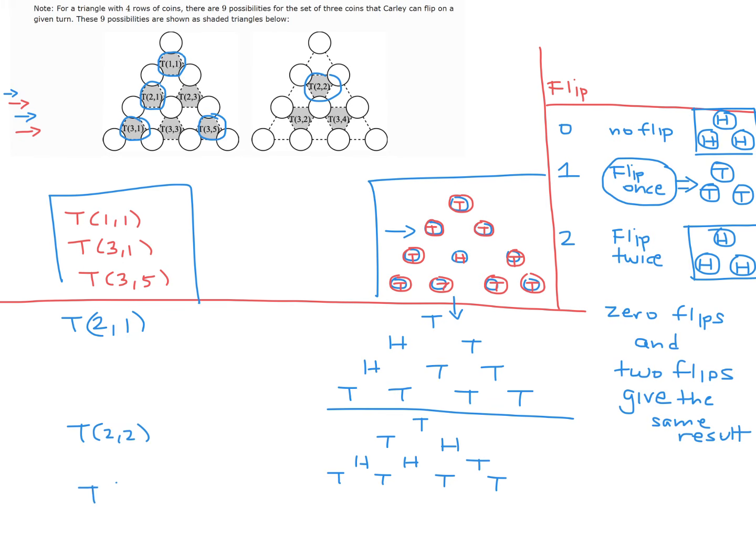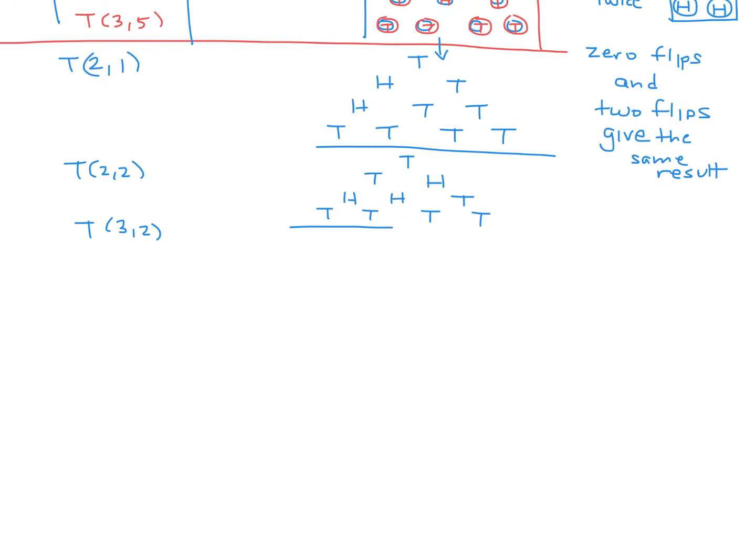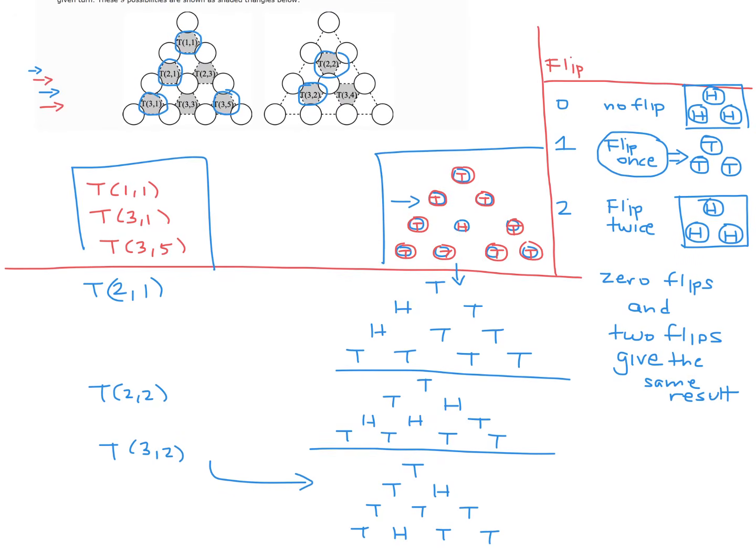Let's try T32, which is this guy. If we do that, we will get a T, H, T, H, T. Okay, we still have not won. Let's keep going here.